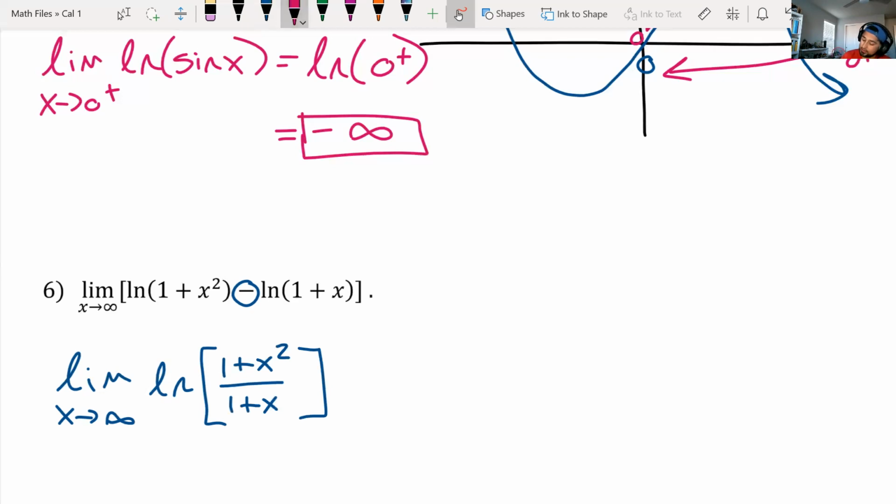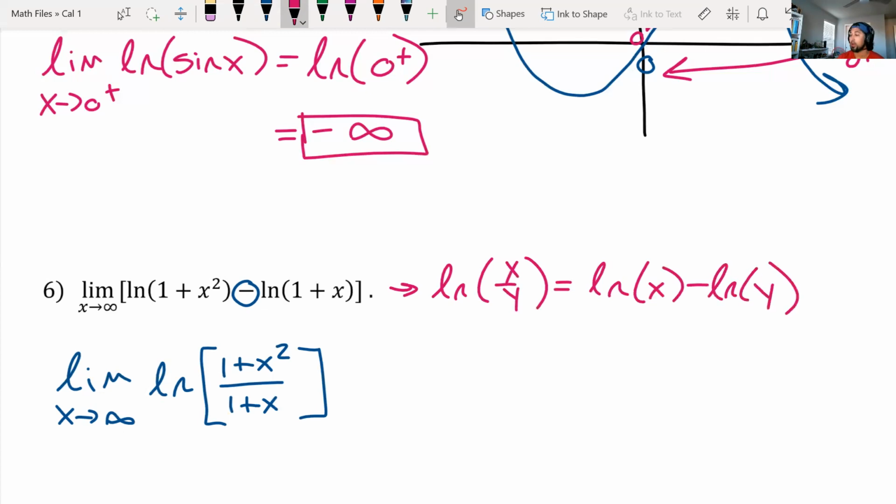Because this uses the log property. If I said the natural log of x over y, I can rewrite it as the natural log of x minus the natural log of y. And I could rewrite it the other way. So what we did was we took the natural log of x minus the natural log of y and rewrote it as a fraction again. So we just reversed the process. Okay.